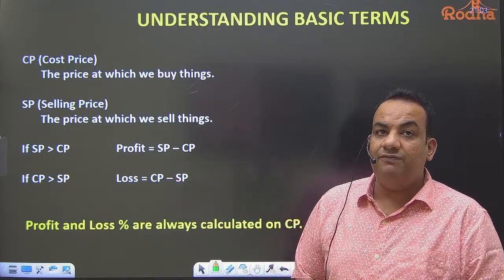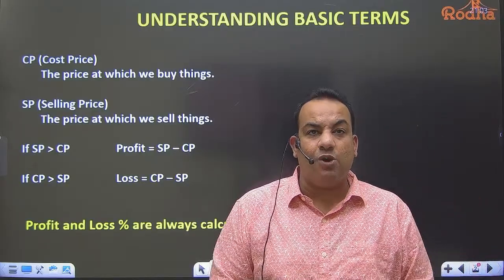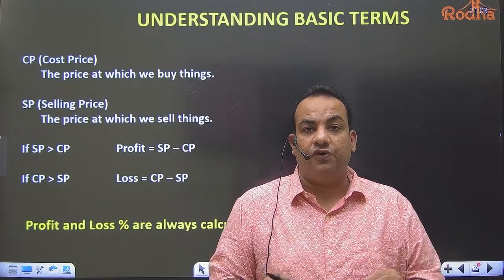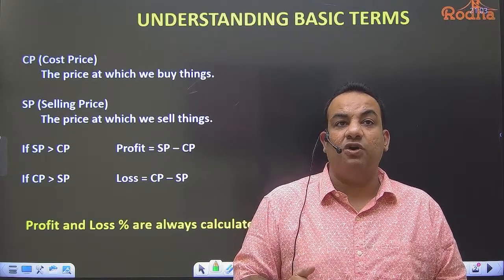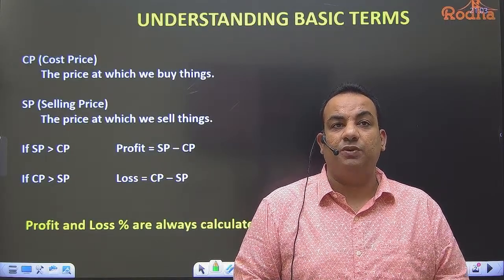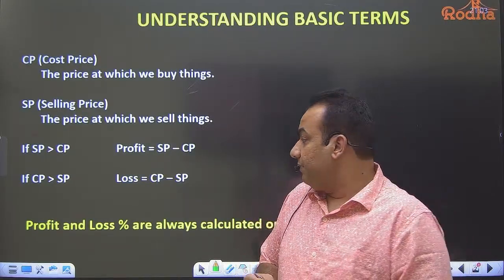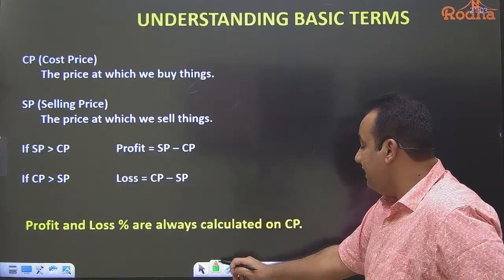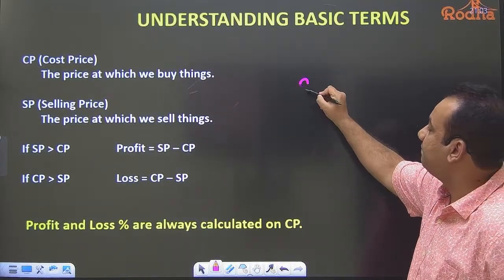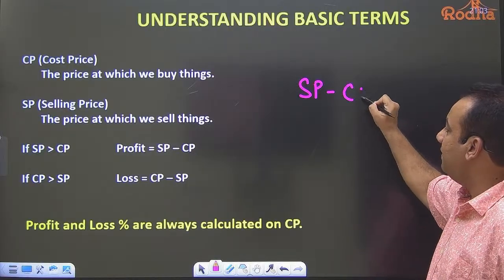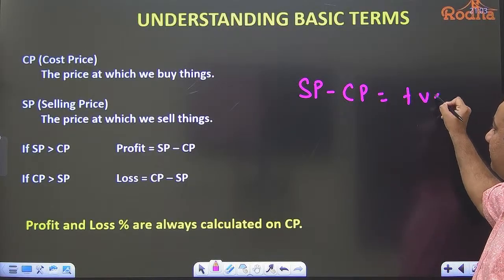So remember, whenever you are doing any question on profit and loss, you should focus on cost price and selling price. If selling price is more, profit. If cost price is more, loss. You can always calculate SP minus CP. If SP minus CP is positive, it means profit.